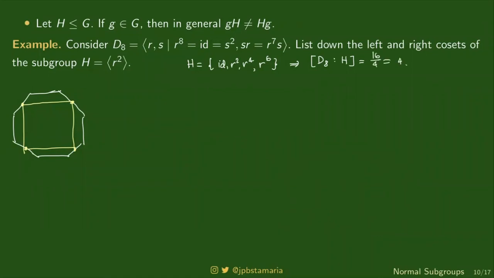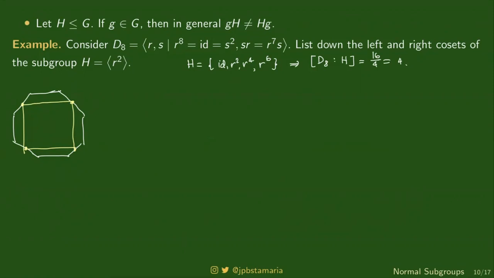But 16 kasi D sub 8 has 16 elements, 8 rotations, 8 mirror reflections. So 16 divided by 4, that's 4. So what is this for? We are expecting 4 number of cosets. Yes, 4 left cosets and 4 right cosets.